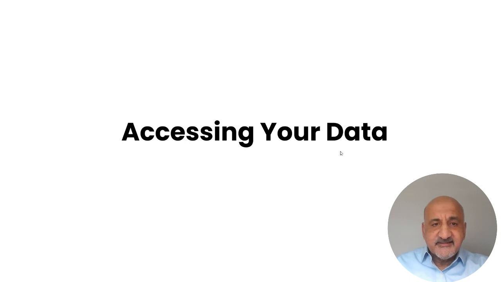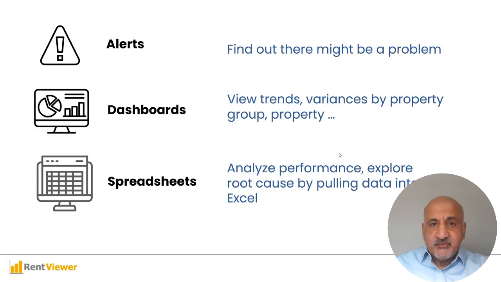How you access your data will really depend on how you're going to be consuming it. Alerts are simply one way to find out if there's a problem. We'll run a program in the background and say, you know what, these are the 10 units that haven't paid this month's rent yet. That's an example of an alert.